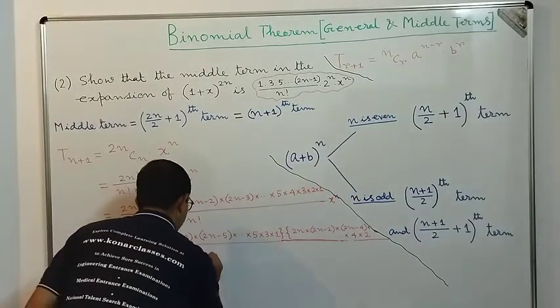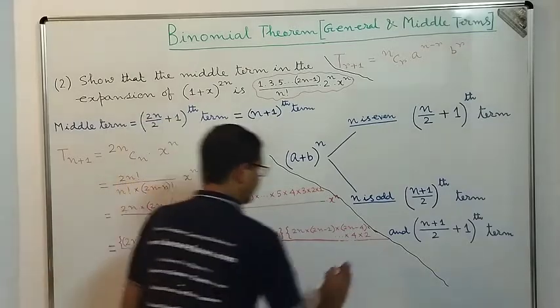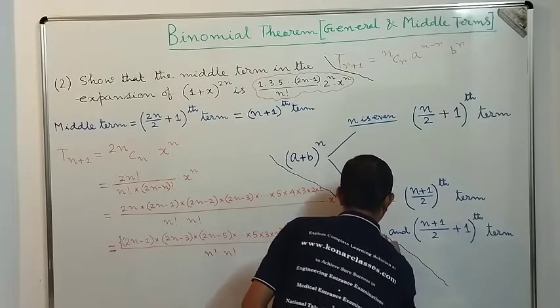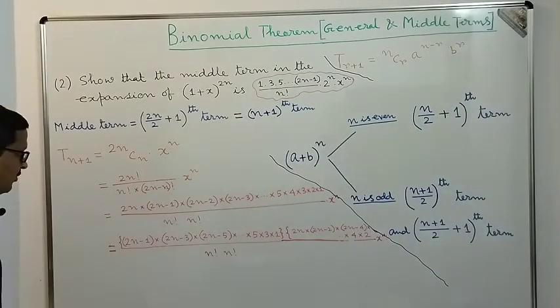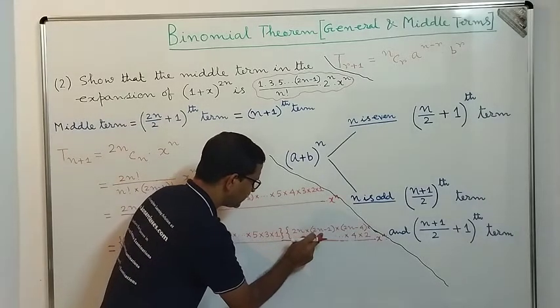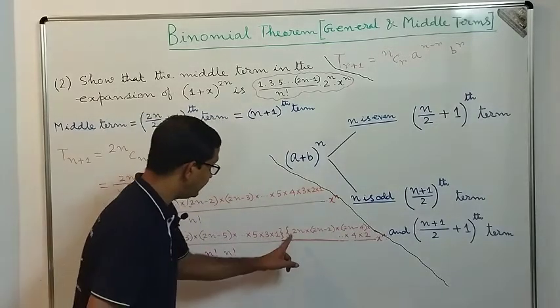And in the denominator whatever we get, n factorial into n factorial, and as we get here, x to the power n, correct? Now if we see how many terms are there, 2n, 2n minus 2, 2n minus 4 and so on up to 2, there are n such terms.